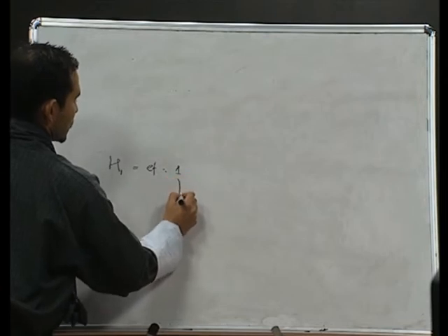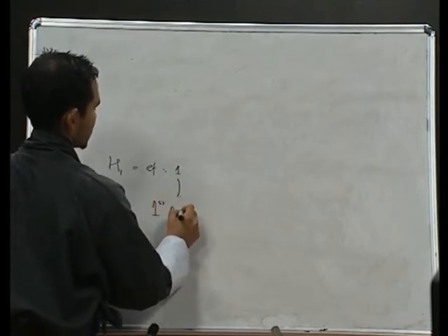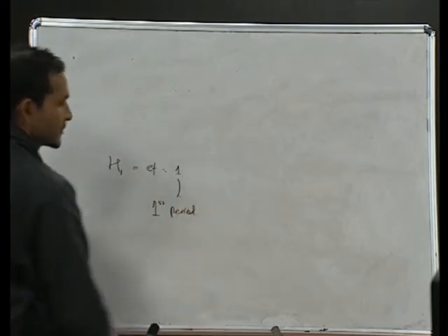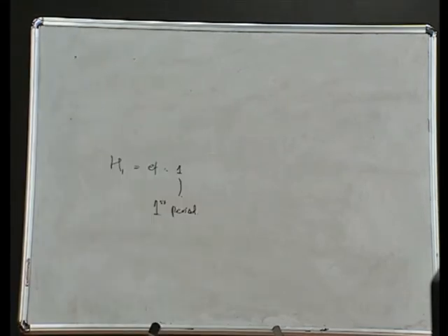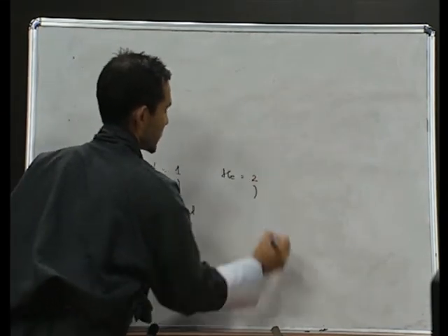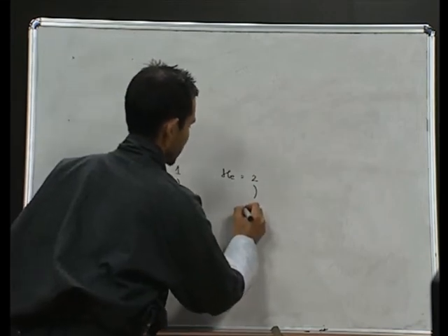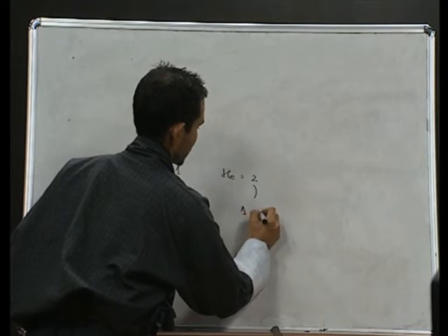It has simply one shell, so that's why it lies in the first period. Likewise, helium also has just 2 as its electronic configuration, therefore it has only one shell, so this also lies in the first period.